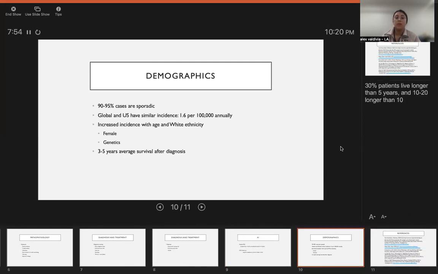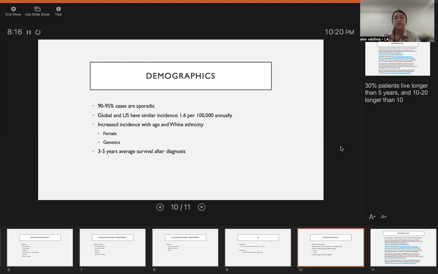ALS affects, well, 90 to 95% of cases are sporadic. The incidence rate in the US compared to the world is about the same, 1.6 per 100,000 people annually.